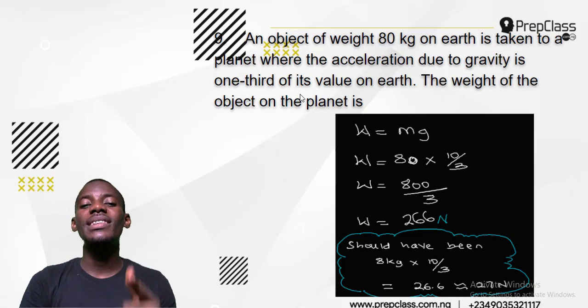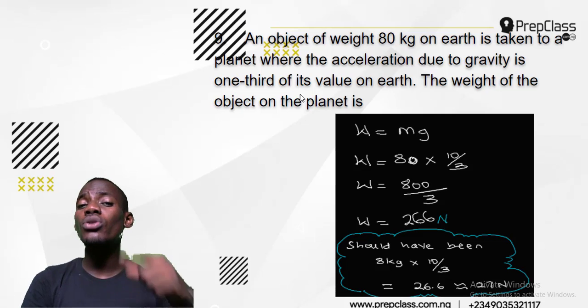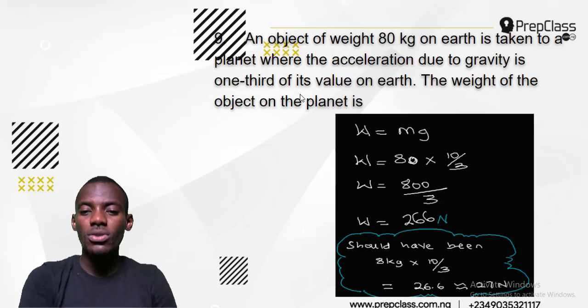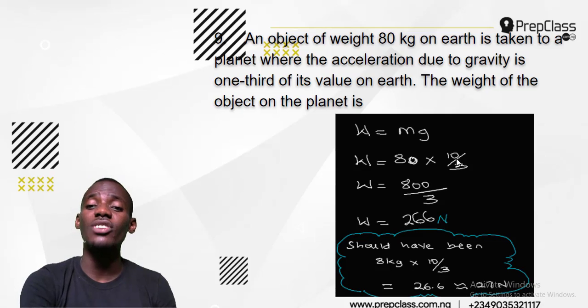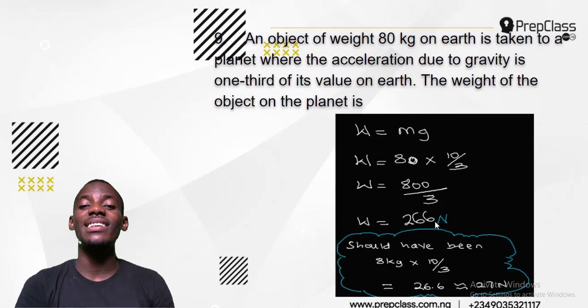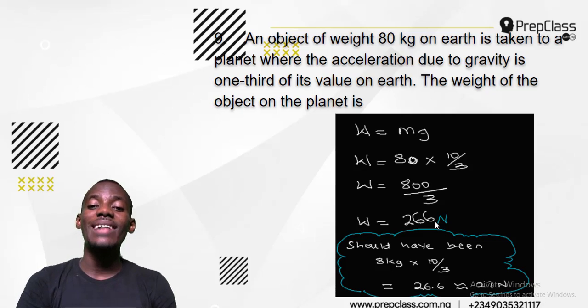But that of that planet is 1/3 of the Earth's. That means 10 divided by 3. So now, on the planet, the mass is still 80, because mass doesn't change. The acceleration due to gravity is 10 over 3, and that gives 800 over 3. That's 80 times 10 over 3, and that will give you 266 Newtons, and that is the answer for that question.